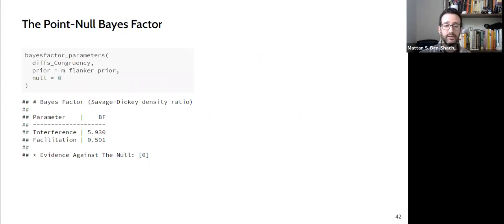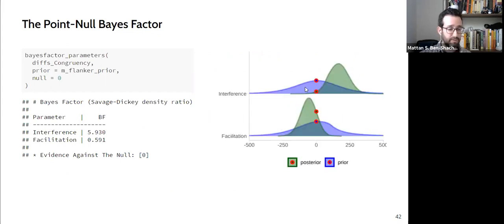So I'm saying that null is 0. And we get here that the interference effect has a Bayes factor of 5.9. That is that the null has become relatively less probable. We can see that here. That non-null values have almost 6 times more support than the null value, right?